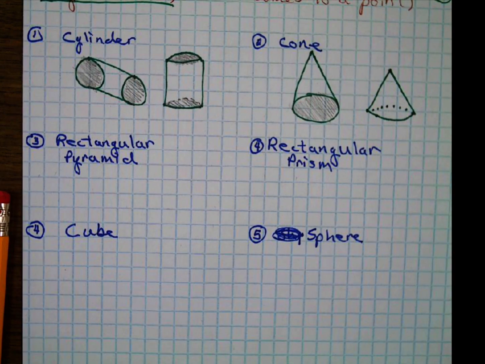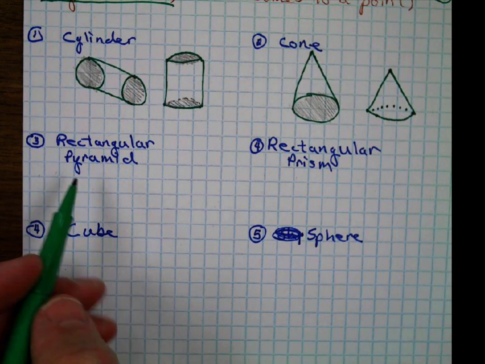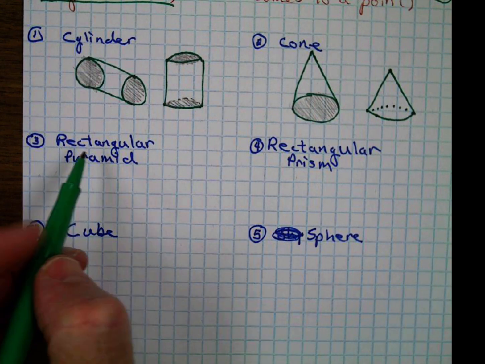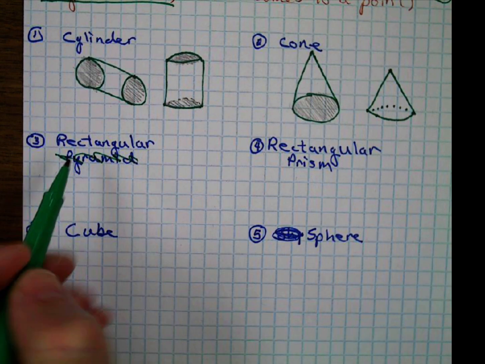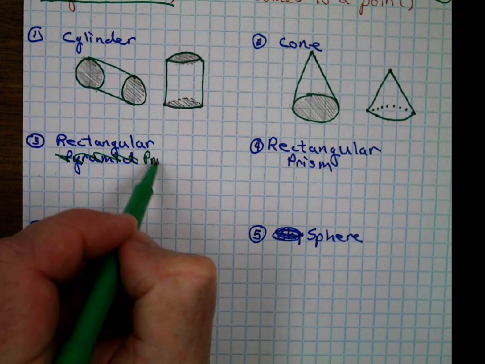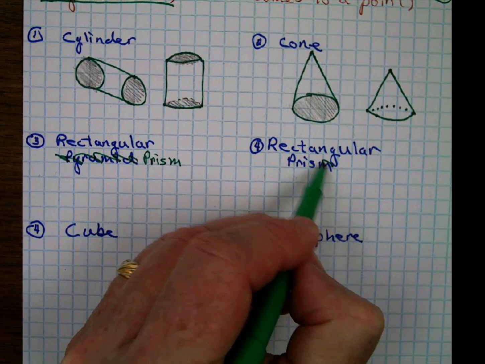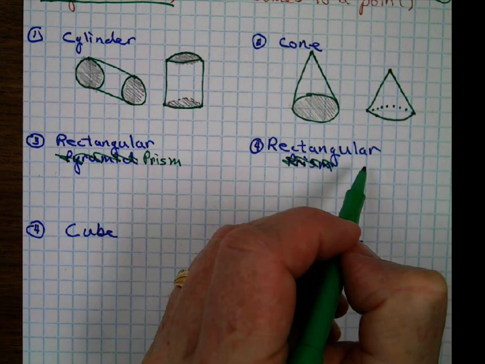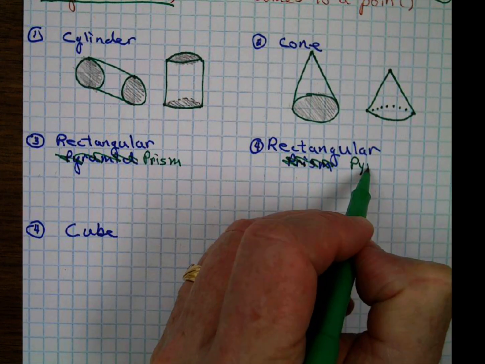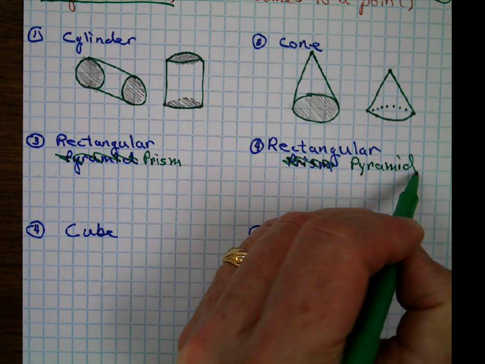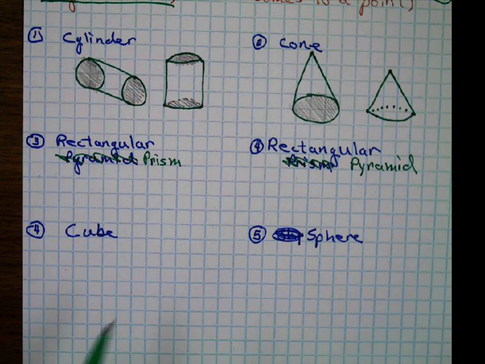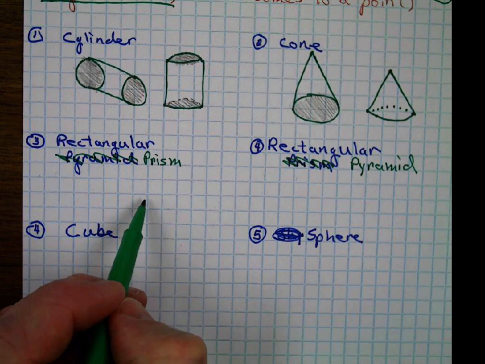Rectangular pyramids, what that means is, since, whoops, I got them backwards. Let's fix this. Let's call this prism. Sorry about that. Let's call this pyramid. So now I got all my prisms on the left side. So rectangular prism, pretty simple.